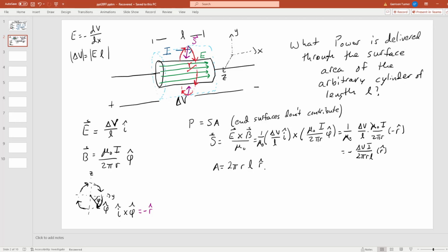And A is going to be dotted into that. So really we need to be precise with our vectors there. But so this is going to be negative delta V I over 2 pi r L times 2 pi r L.